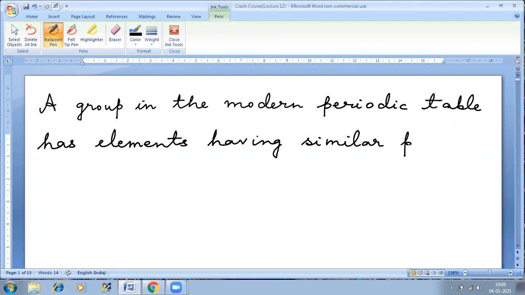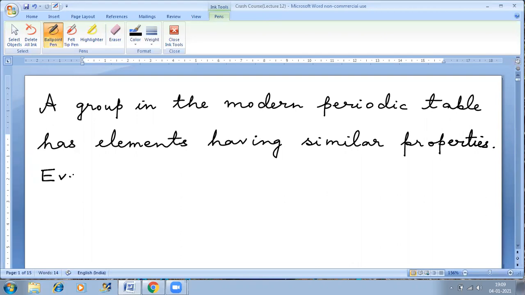This is a very important question for the exam. They can ask you what are the common characteristics of elements present in the same group. So you can see that a group has elements having similar properties.